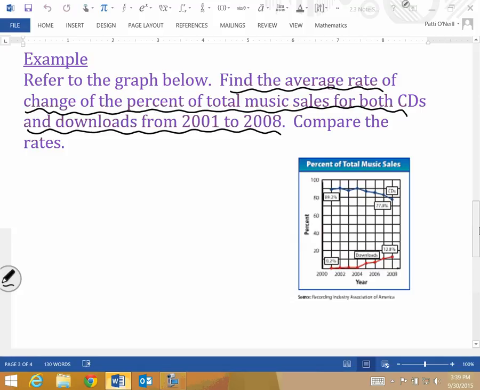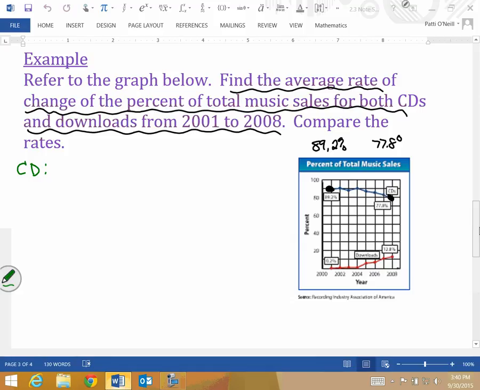So this value right here, this is the CD graph, is, let's see, 89.2%. And this value right here is 77.8%. So if we want to focus on the CDs this time, we want the rate of change of the percent.